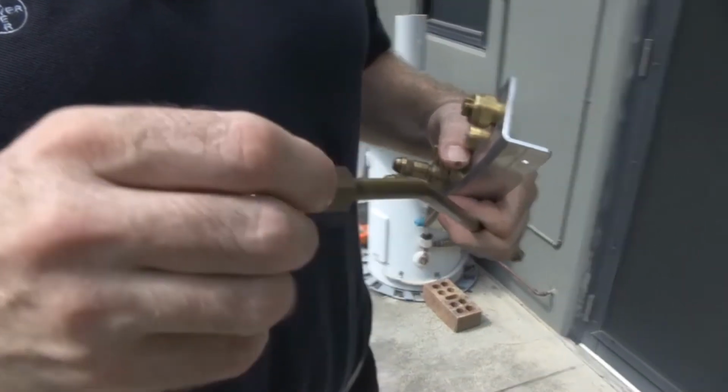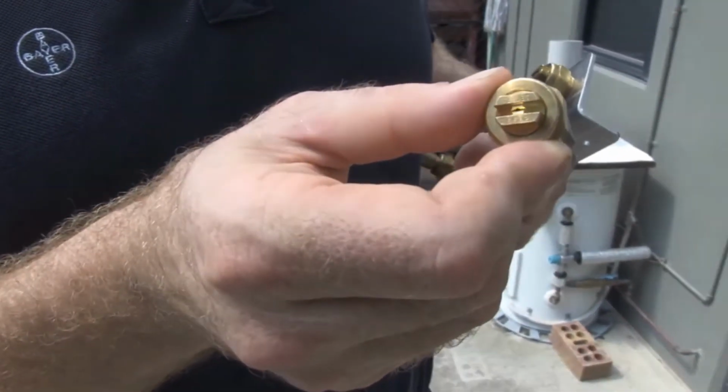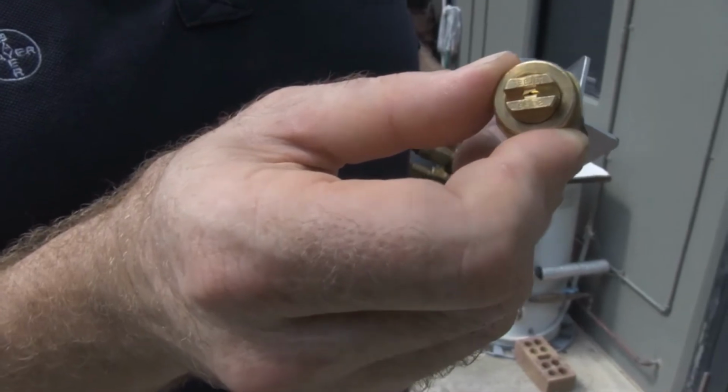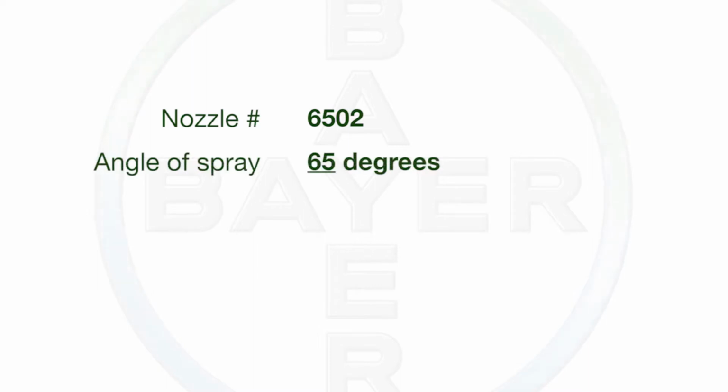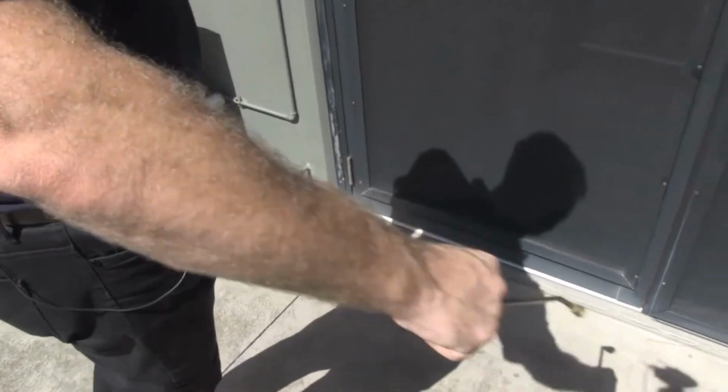For this situation, we really only want to have one nozzle for the entire external treatment. We're looking at the 6502, and this would be for non-porous applications to the external of the building. Again, first two digits referring to the spray angle being 65 degrees. You would be getting the best application at approximately 46 centimetres away from the surface to be treated.